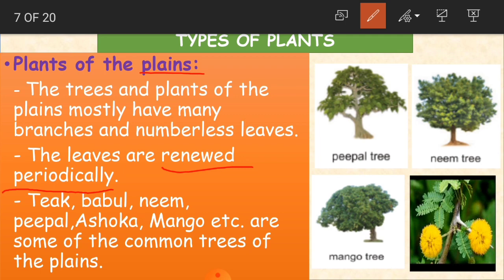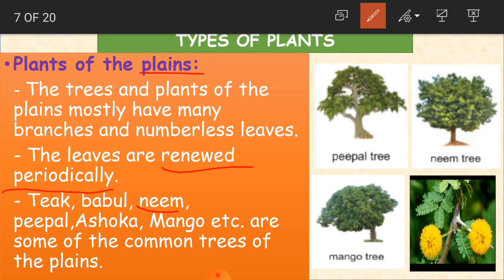For example teak, babul, neem, peepal, ashoka, mango, etc. Such types of trees are common trees of the plains. For example, neem tree. We are very much familiar with this tree. Every street has neem trees.